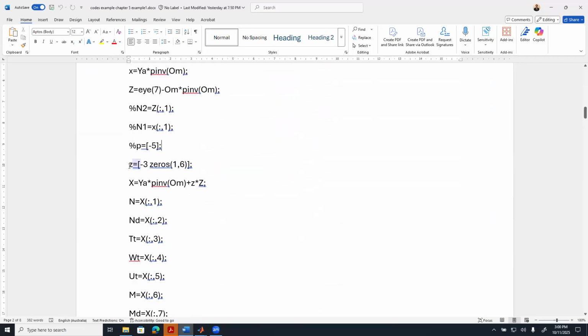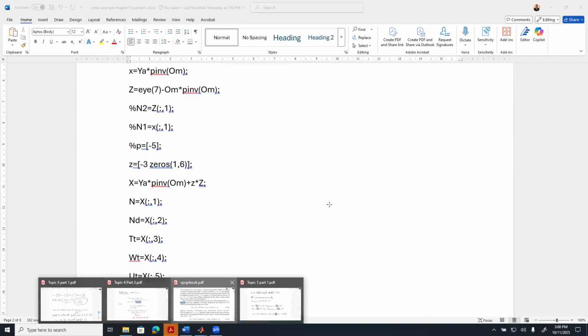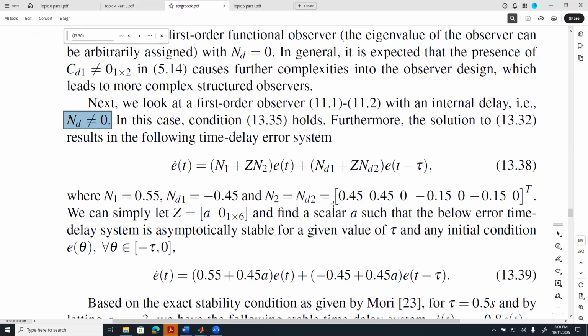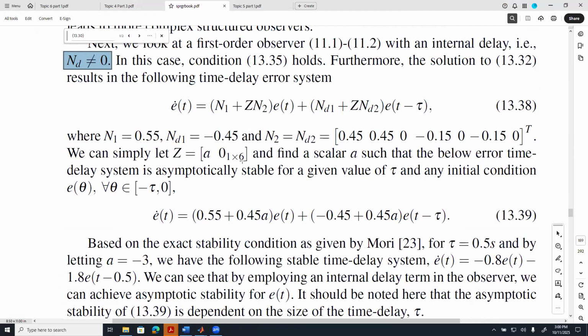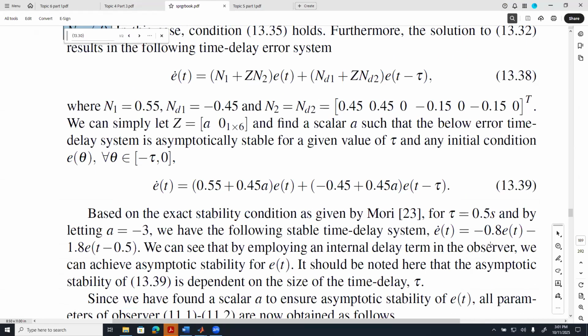And then we do the stabilization. We just pick the value of I to be -3 in there to get an observer error dynamic equation, which is basically that one there. And it's stable. Okay.